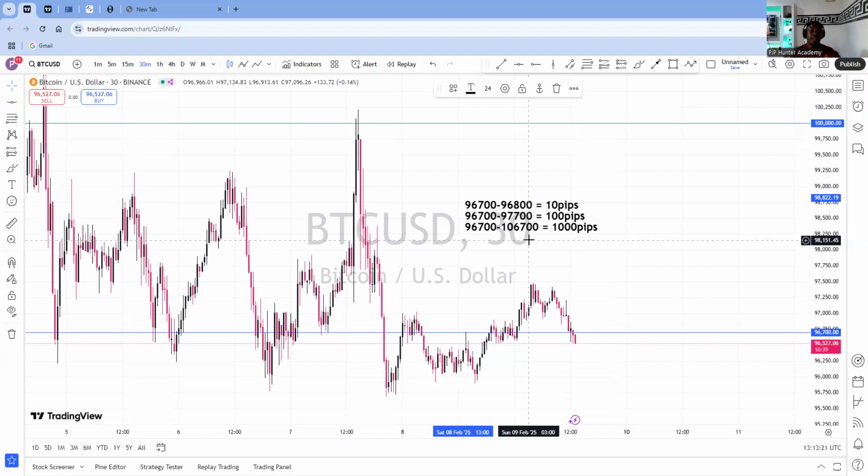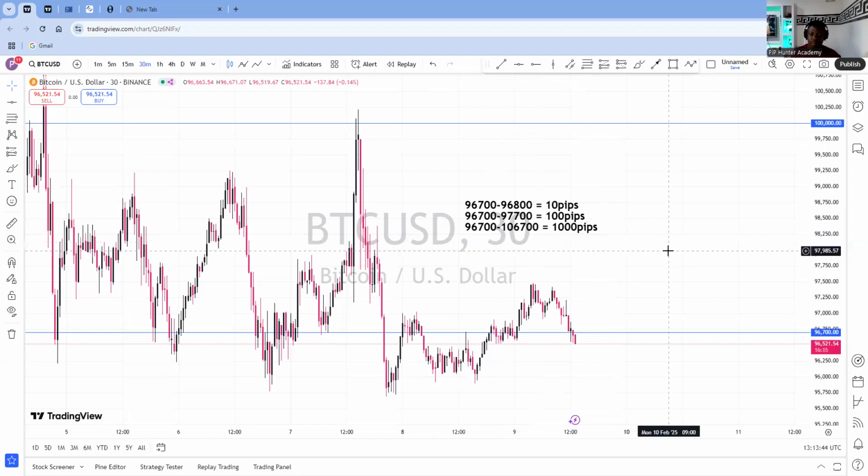Whenever you see somebody saying buy BTC now, sell BTC now, you should be able to calculate, okay, from here to here, we are risking 30 pips, 50 pips, 1,000 pips. You understand? This is how you calculate Bitcoin pips. I'm sure it's very simple and clean.